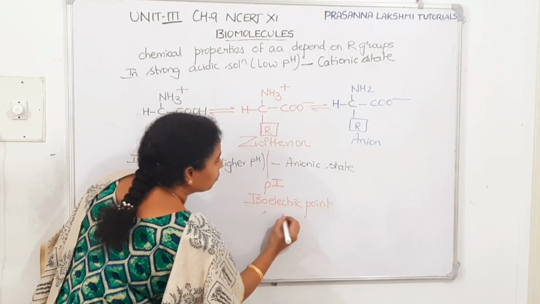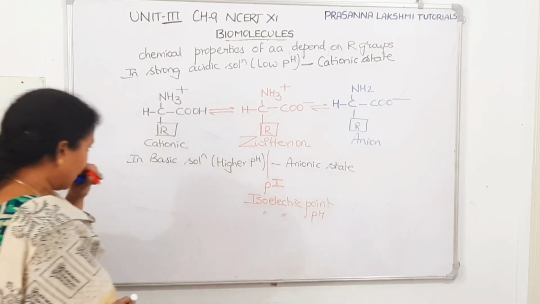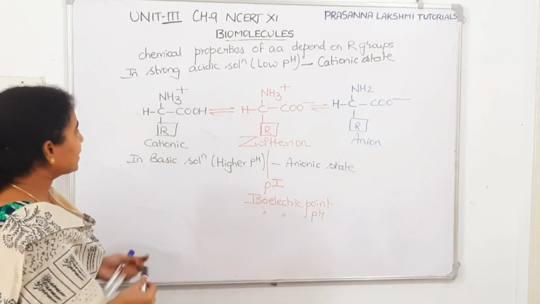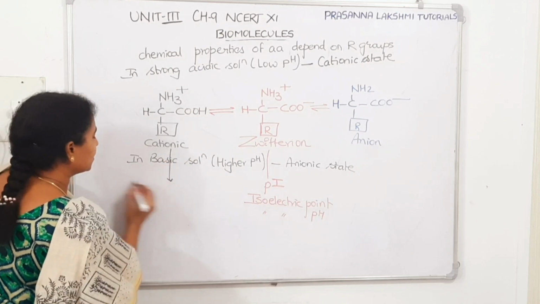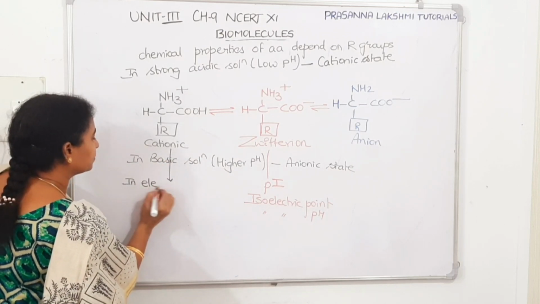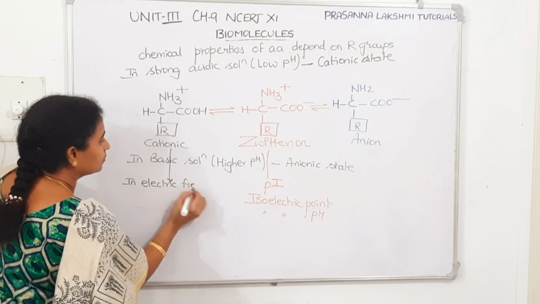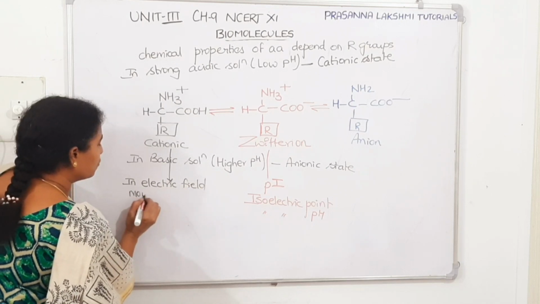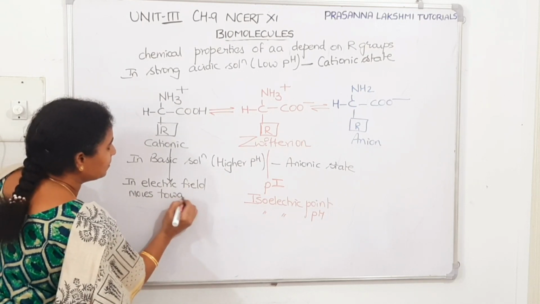PI is called the isoelectric point or isoelectric pH. If you keep it in an electric field, if it is cationic, it moves towards the cathode.